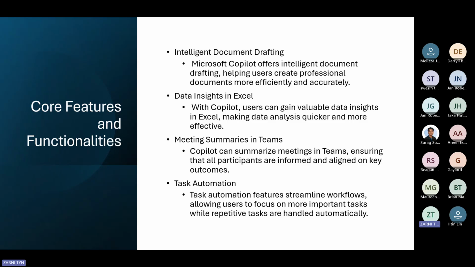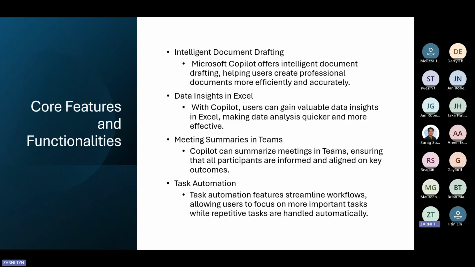This is in your daily life, Microsoft Word, Excel. This is very important. Second, if you use Microsoft Excel, with Copilot users can gain valuable detailed insight in Excel, making data analysis quicker and more efficient. This is effective.